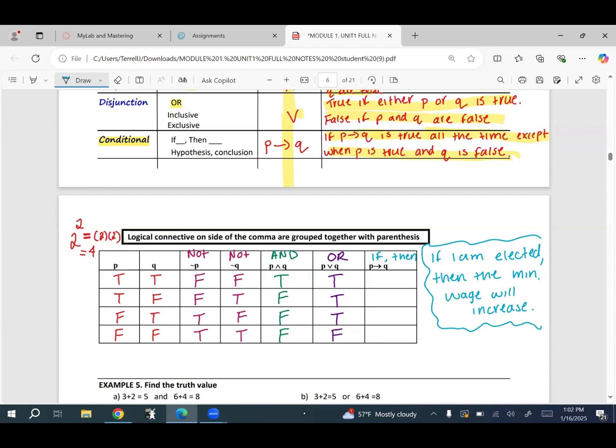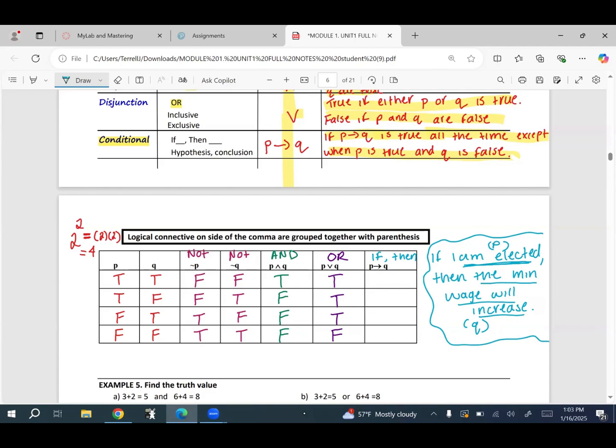So I consider this, if I am elected, like my P, then the minimum wage will increase, I'll consider that my Q. So it's always true. That's what this is saying. This statement is always true except when P is true and Q is false. So let's run through these scenarios.